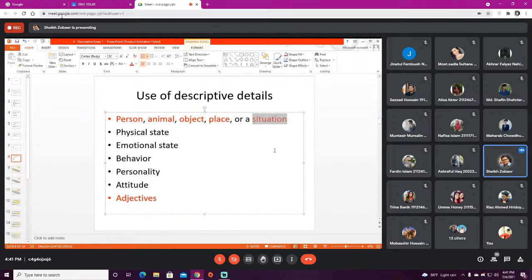The four most important descriptive categories are a person, animal, object, or place, and sometimes, in rare cases, an emotional state or a situation. So these are the five things that are most relevant when it comes to descriptive essays in English 103.